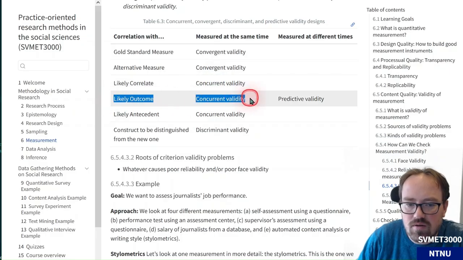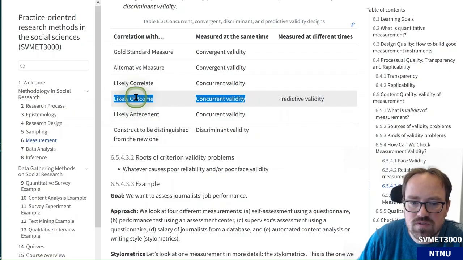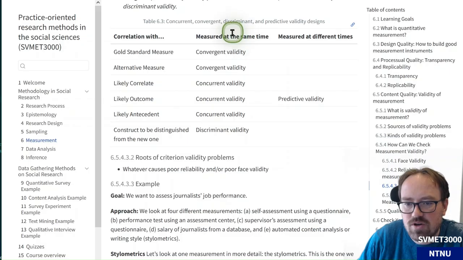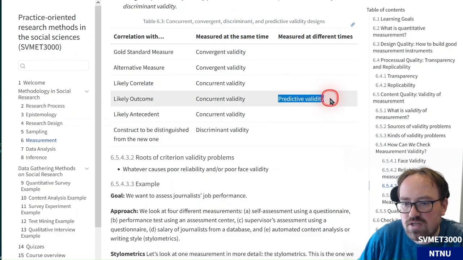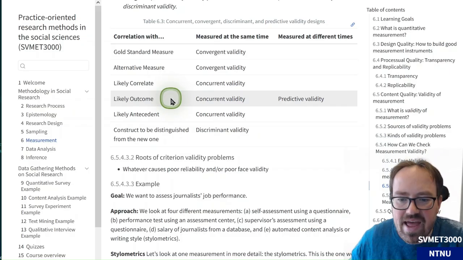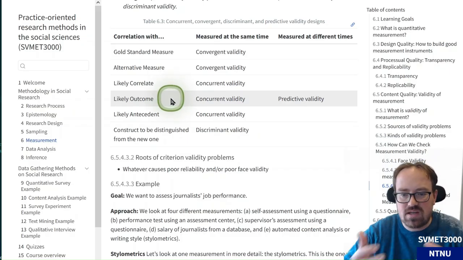If what we measure is the possible cause and what we compare it with is the possible outcome, we call it concurrent validity if it's measured at the same time, or predictive validity if the cause is measured before the outcome, in line with the time lag you want to have between cause and effect.